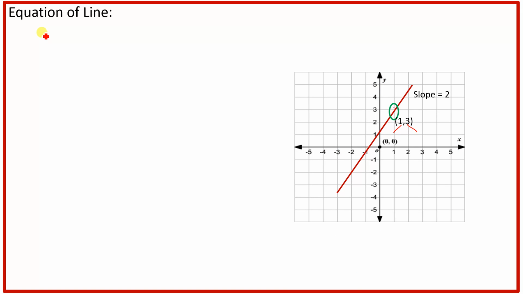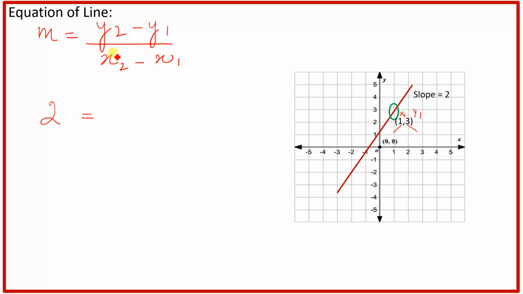So again, first I will write down the formula of the slope, right? (y2 minus y1) over (x2 minus x1). So here, instead of m, the slope is given as 2, and we have only one solution set, means x1 and y1.